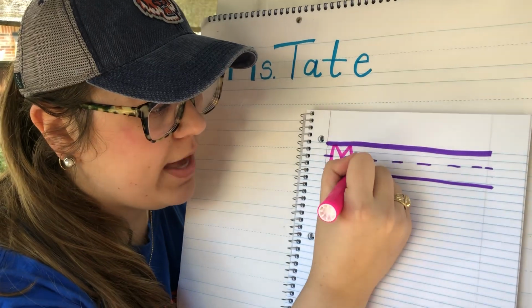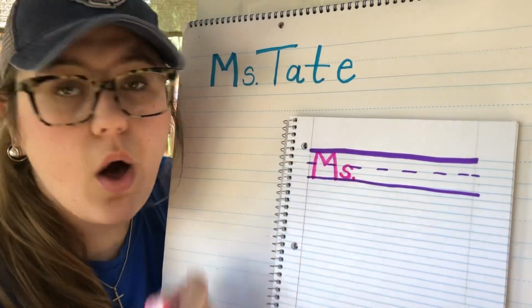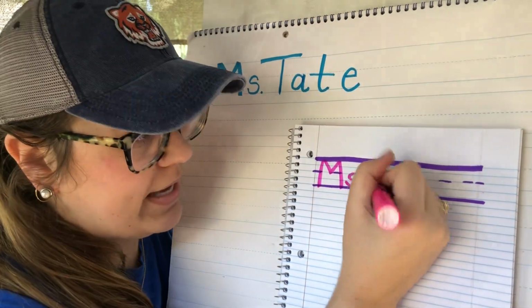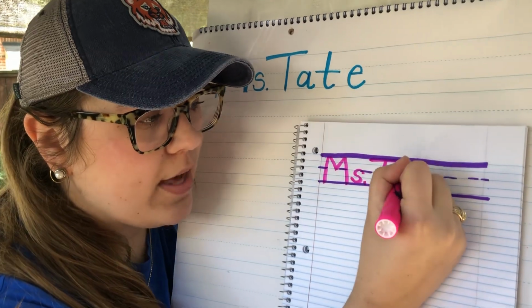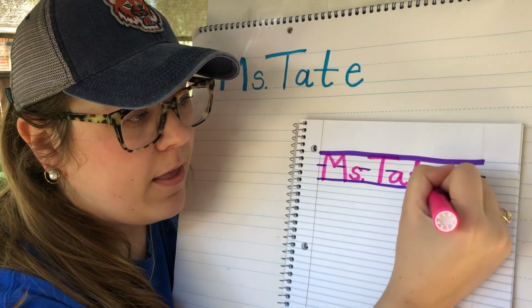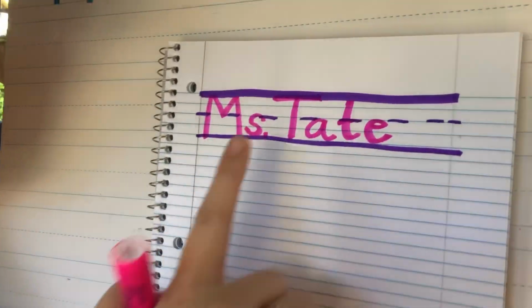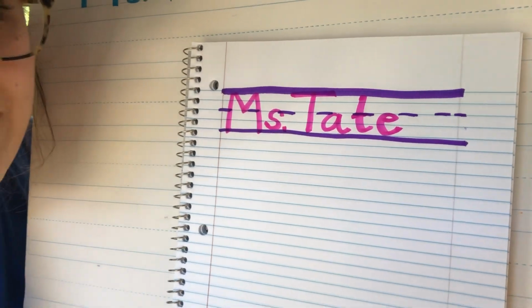My lowercase s stops in the middle for Miss Tate. It doesn't go all the way to the top. My capital T goes all the way to the top, and then my lowercase letters stay in the middle and at the bottom. And I also left my finger space right in the middle because they're two different words.